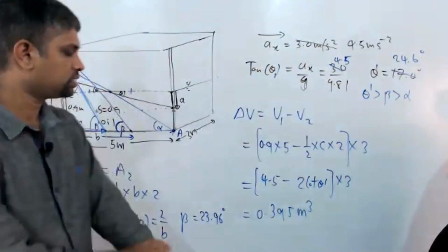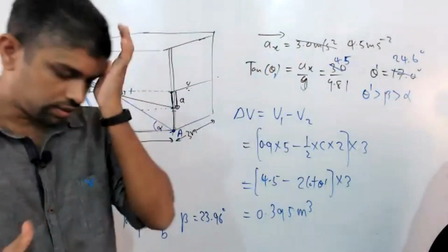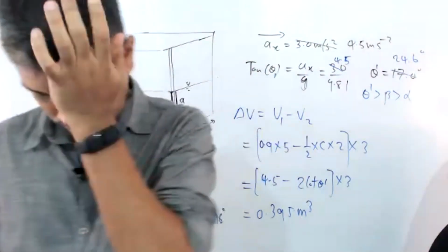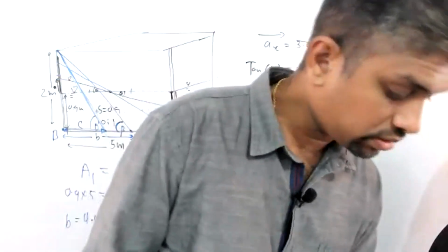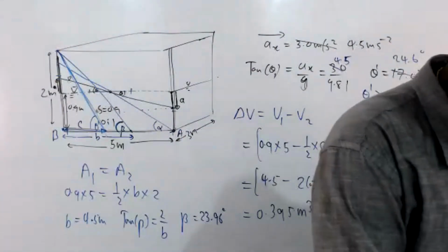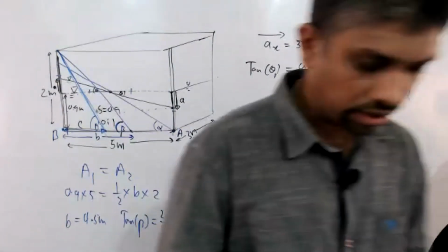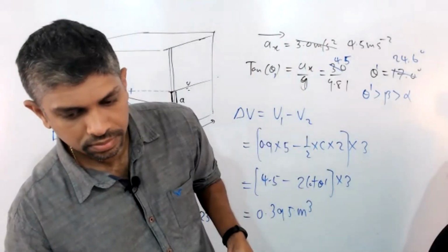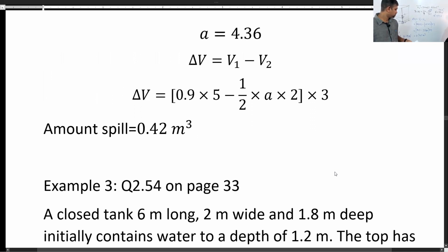Right? So this is a closed tank. Then there's another question with an open tank. This is an open tank, so there's another question. The next question is based on a closed tank. Shall we go to the next example?